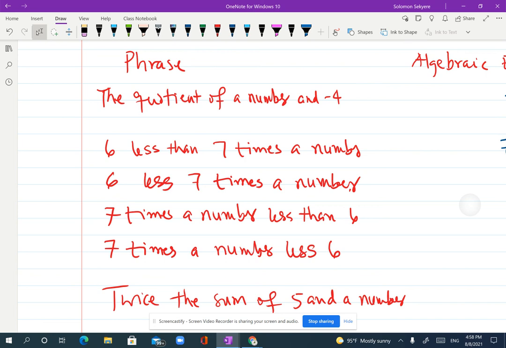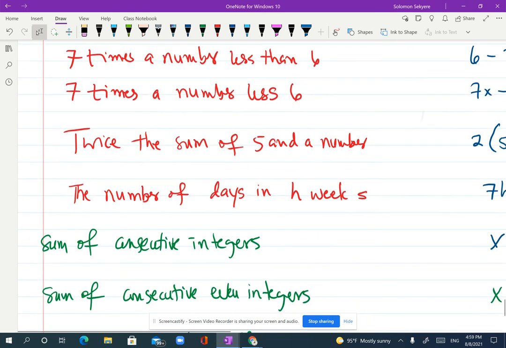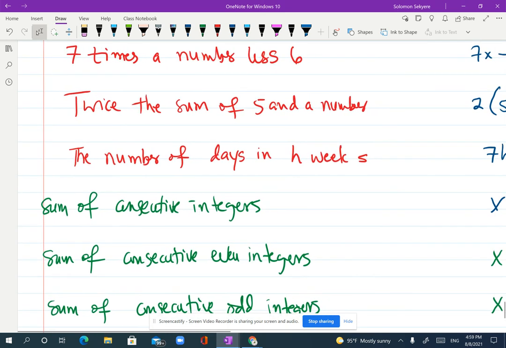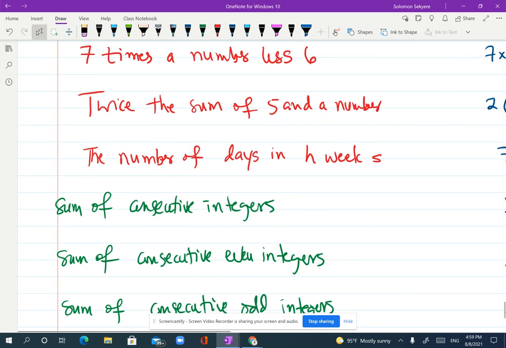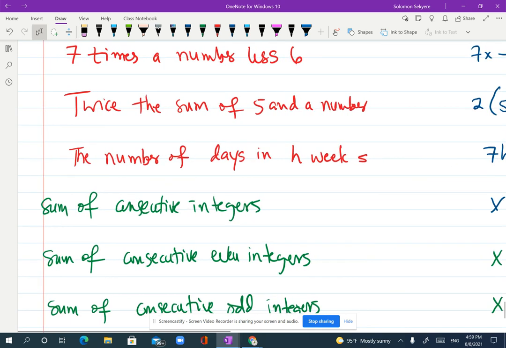Less than and less, there is no than over here. 7 times a number less than 6, and 7 times a number less 6. So pay attention to the than and the less. Twice the sum of 5 and a number. Okay, and then we move on. The number of days in 8 weeks.